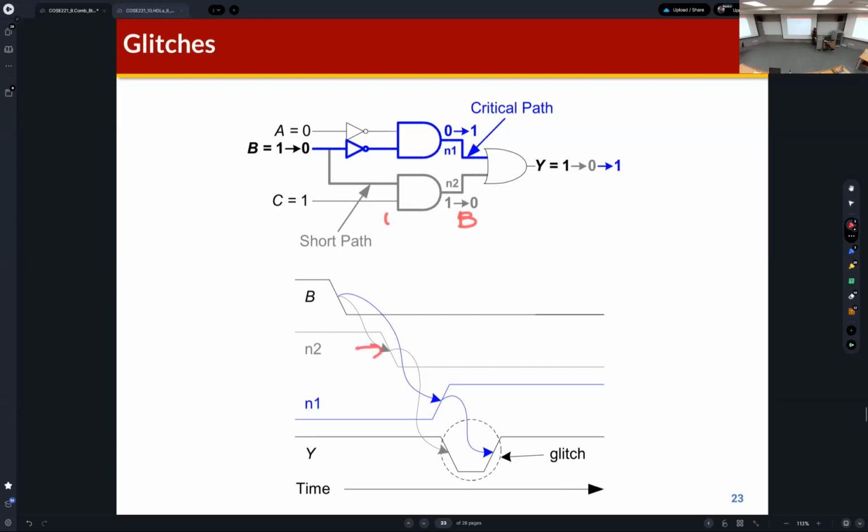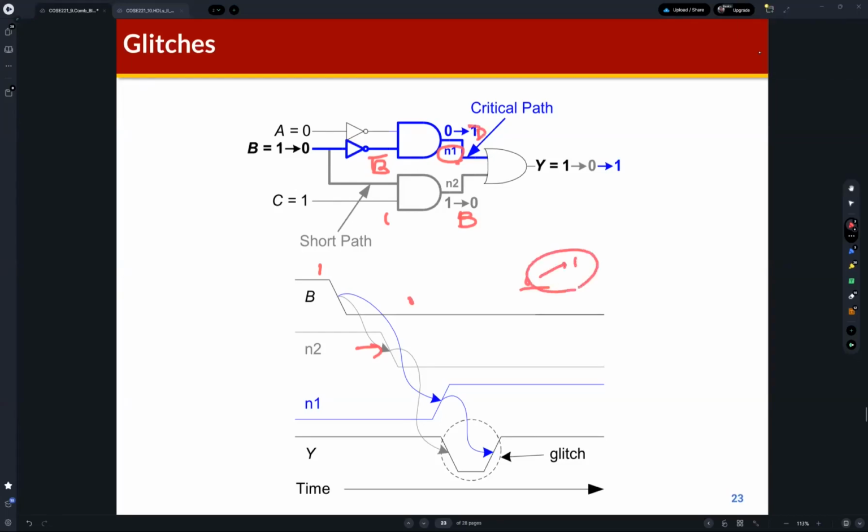And then if we just see the N1 node, this is not B, which means that if B is changed from 1 to 0, then not B is changed from 0 to 1, right?